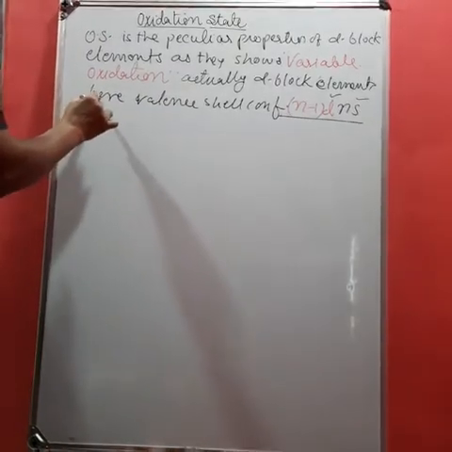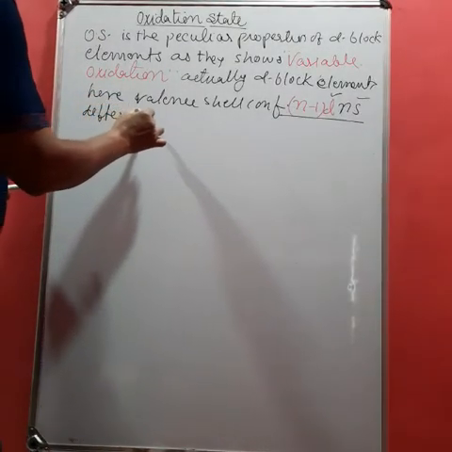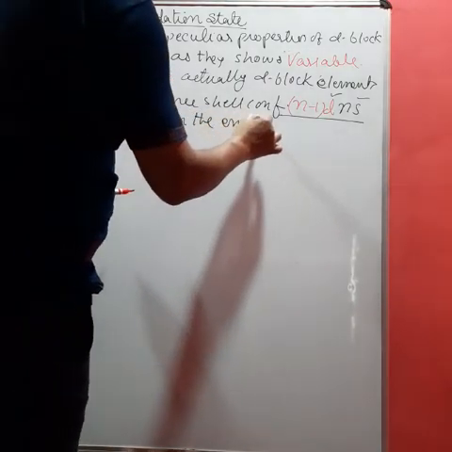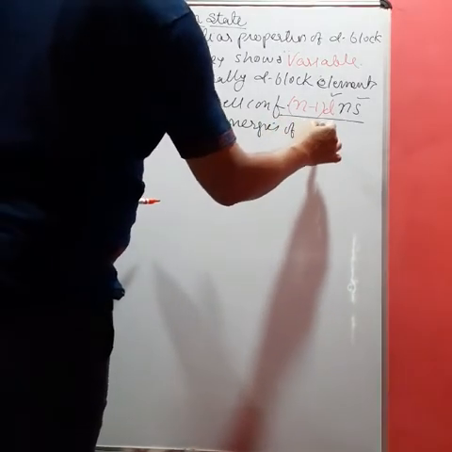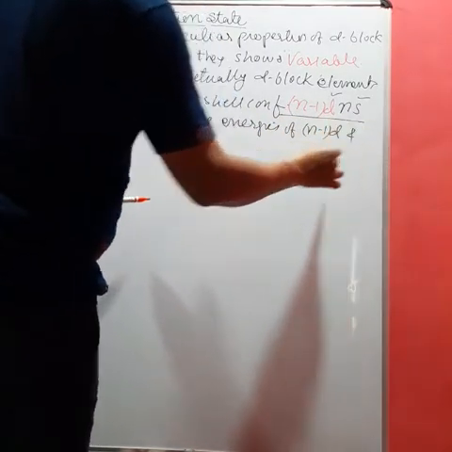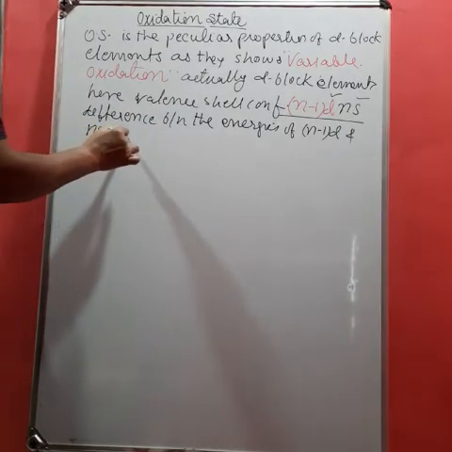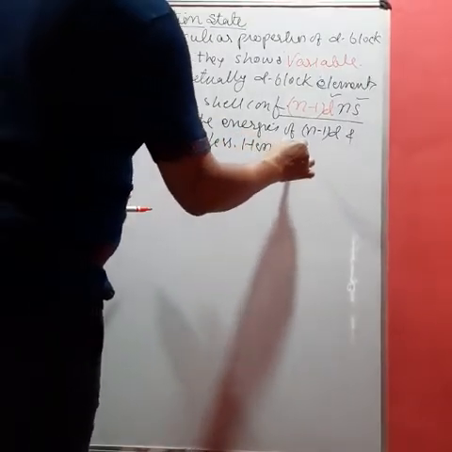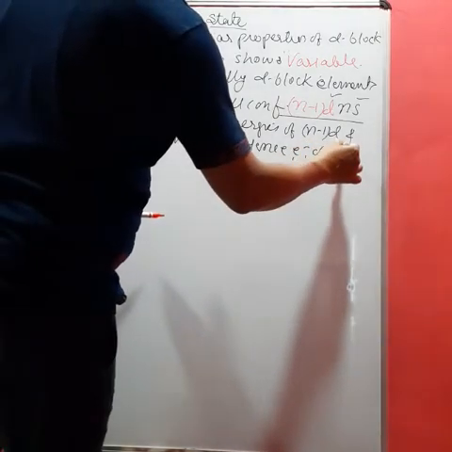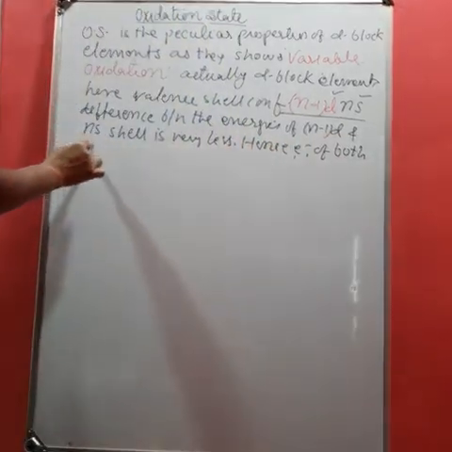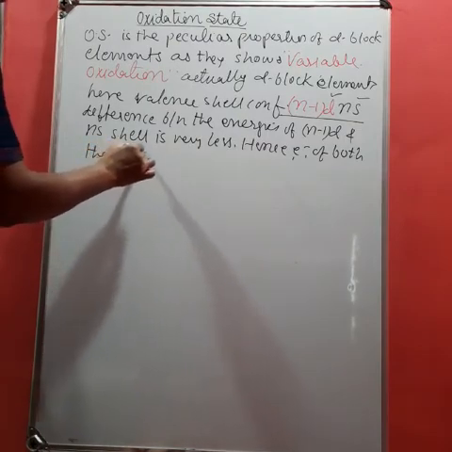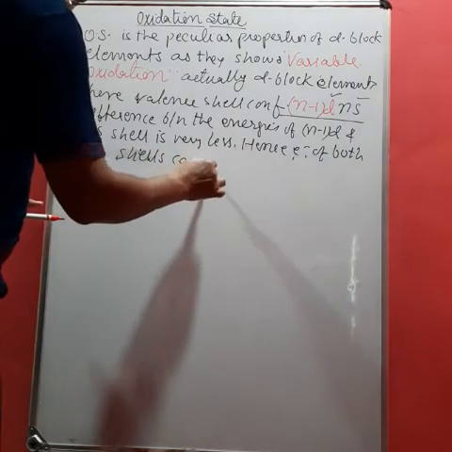The difference between the energies of the (n-1)d and ns shells is very less, hence electrons of both the shells can participate in reaction.